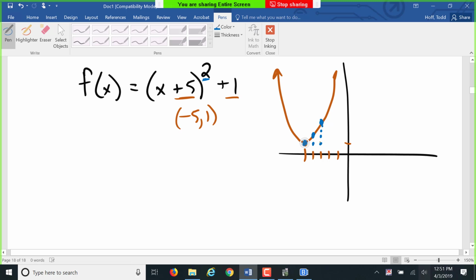Starting back at the vertex again, if I went over 3 units, what's 3 squared? 9. So I go up, pretend that's 9 units. That'd be the next point. And it's the same on the other side. Going back 1, negative 1 squared, of course, is 1. Going back 2, negative 2 squared is 4. Going back 3, negative 3 squared is 9.